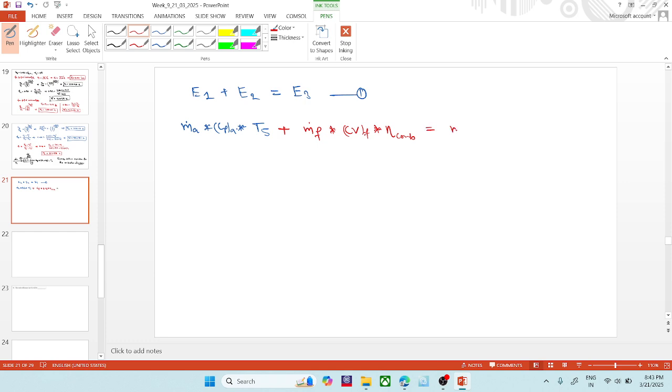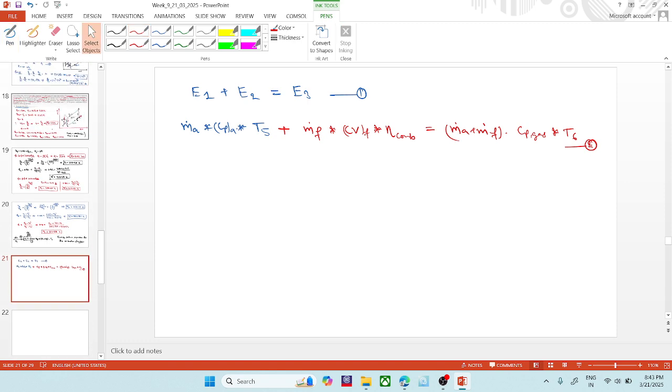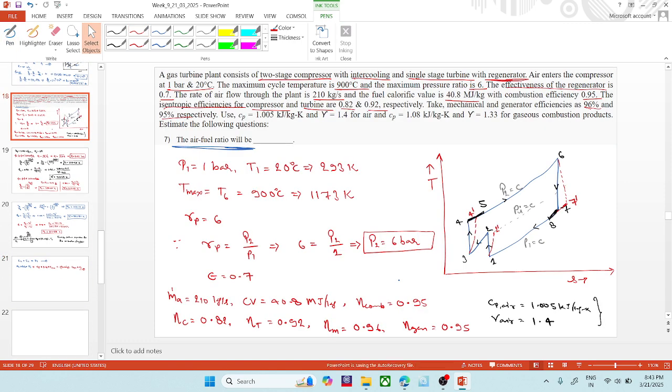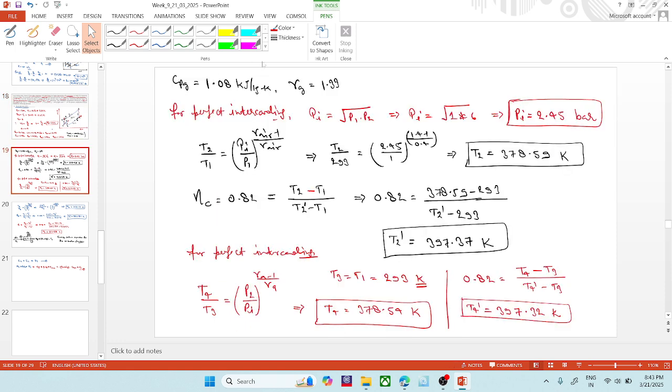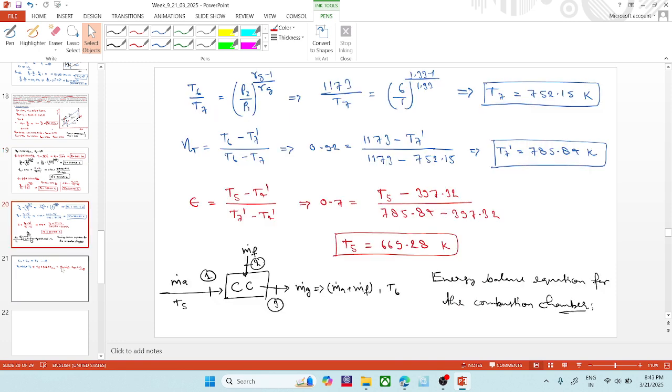This equals what is leaving: m dot A plus m dot F into Cp of gas into T6. Okay, so this is the equation. These are the things given, Cp gas, all the things are given.